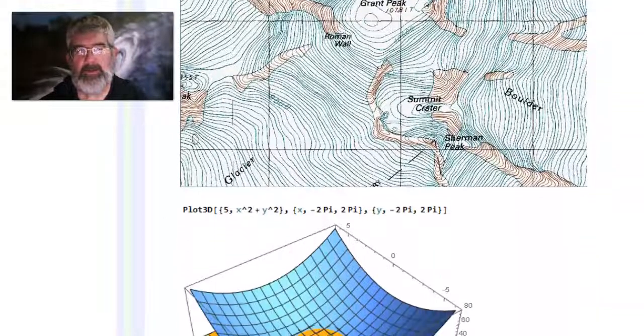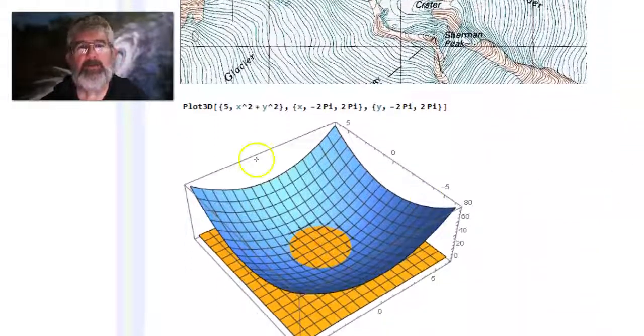So here's the idea. Here's a function, z equals x squared plus y squared. It's a paraboloid opening upward, and I'm slicing it with the plane z equals 5. You can see the slice there is a circle. That is the level curve, or the contour, of level 5.